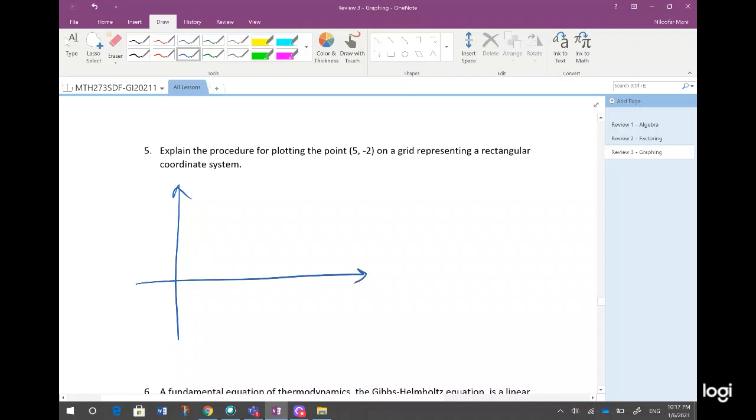I go to 5, so 1, 2, 3, 4, 5, and I use -2 because that's -2. Then I make a rectangle, and this point is here. This point is 5 and -2. So x is 5 and -2 is y.